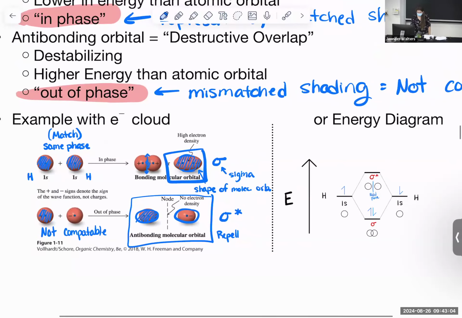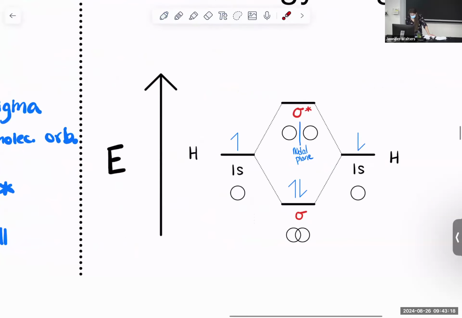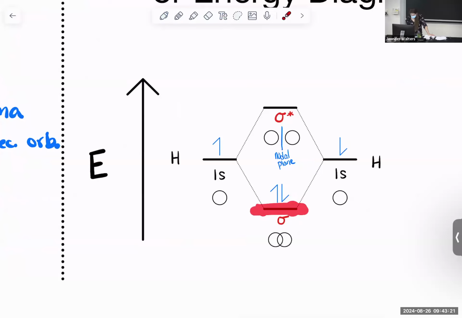To represent that on an energy diagram, we show that we have our 1s orbital of the hydrogen with 1 electron in it, and then we have our other hydrogen, 1 electron in the 1s orbital. We get out of it a sigma orbital, that is our bonding molecular orbital, that is lower in energy than our atomic orbitals, and our molecular orbital that is higher in energy is the sigma star, the antibonding molecular orbital.